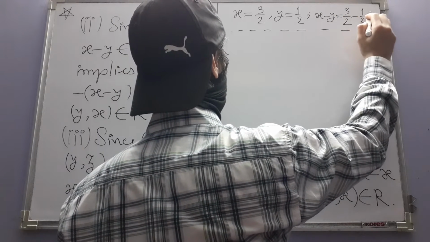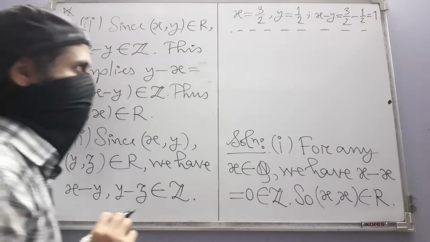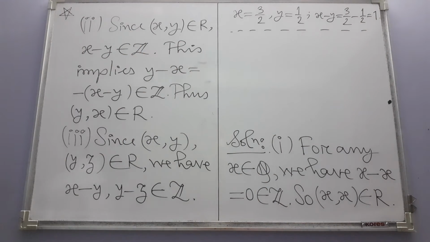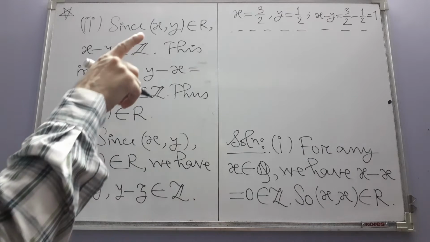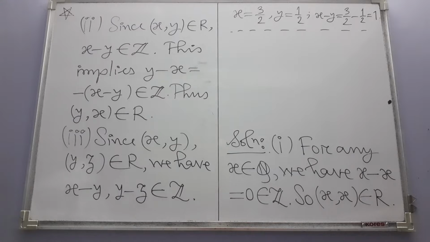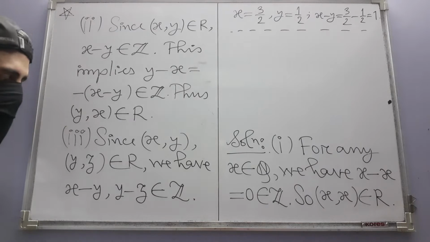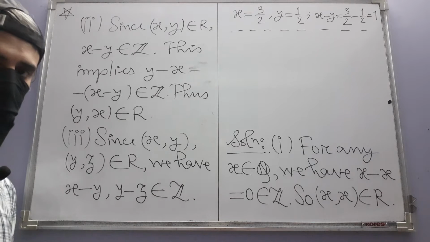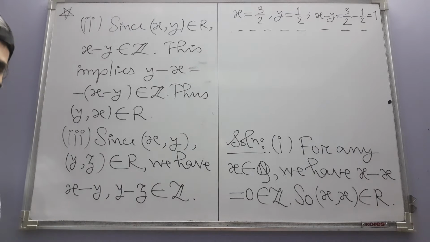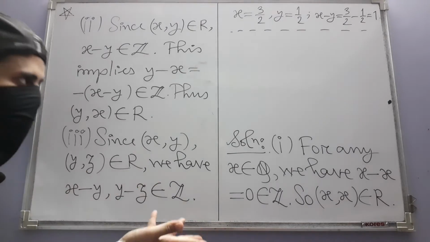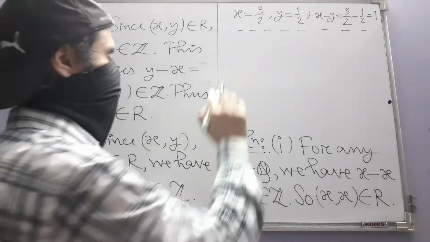If you calculate this, you see that it's 1. Okay, so individually none of them is an integer, they are non-integral rational numbers, but the difference is an integer. So that's why you cannot assume that x and y are integers, only the differences are integers.